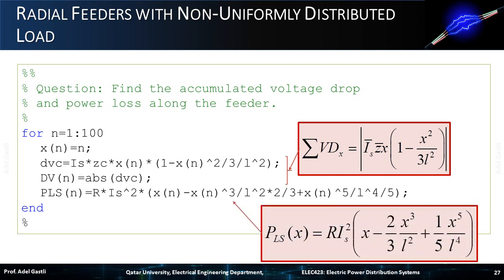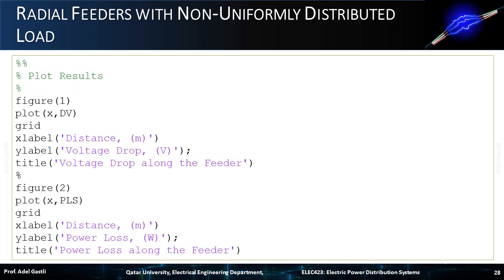Then, we calculate the total copper loss, based on the given equation. Finally, we write the scripts for plotting the accumulated voltage drop in one figure and the power loss in a second figure. For that, we use the MATLAB function plot, and its related formatting options, such as displaying the grid, defining the X and Y labels and the title of the figure.